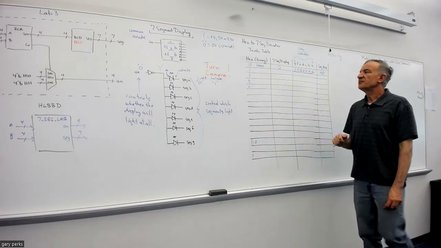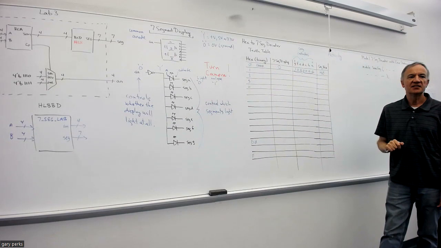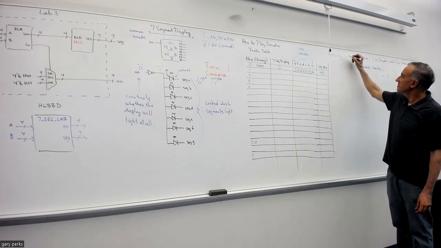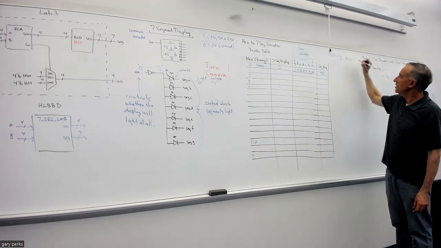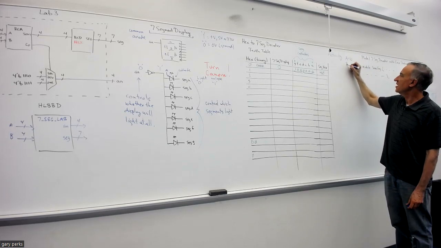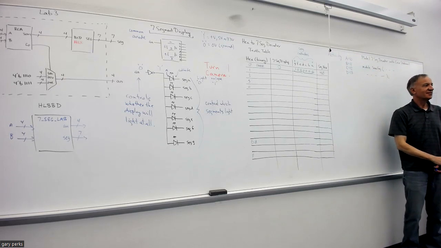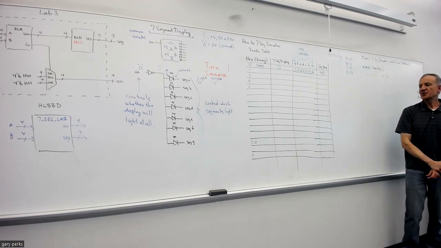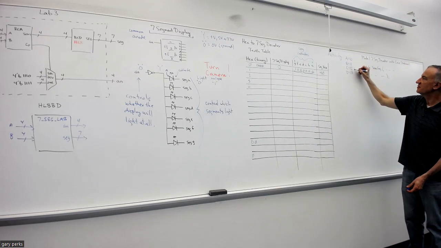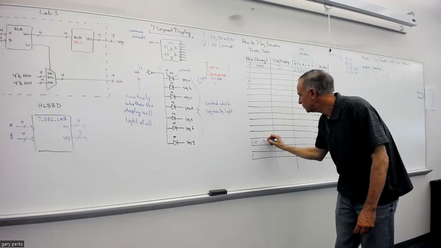And what is D in 4-bit binary? The D in hex is what? It's 1 1 0 1.